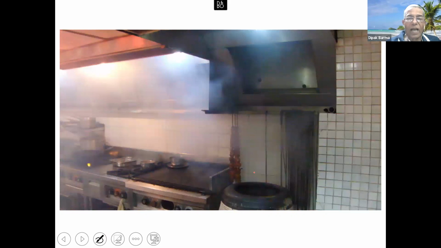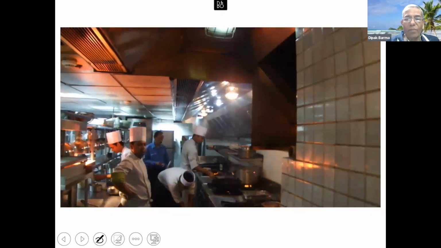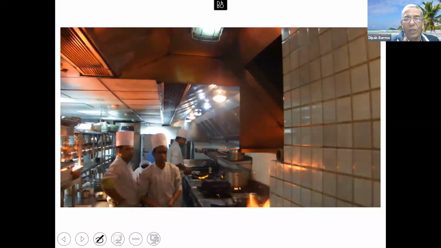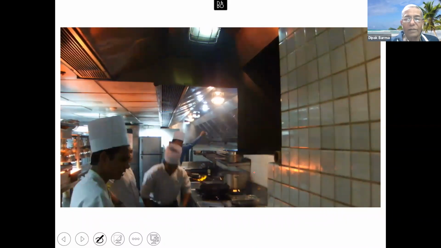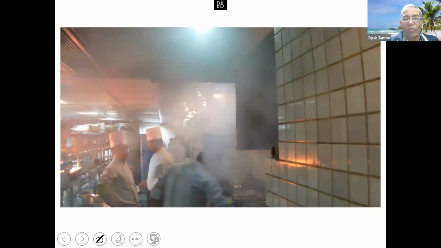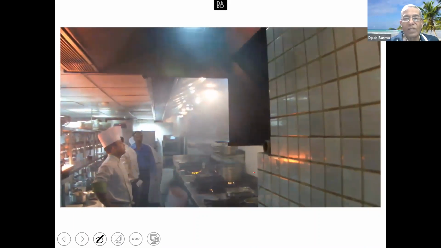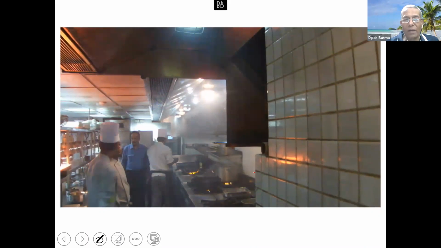This was a kitchen I had gone to where they had complained of this problem. This was after we rectified it. See the difference in suction which happened.